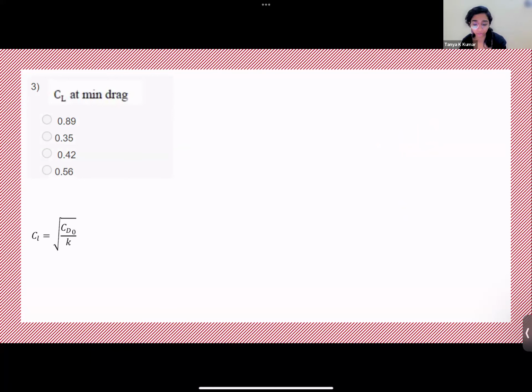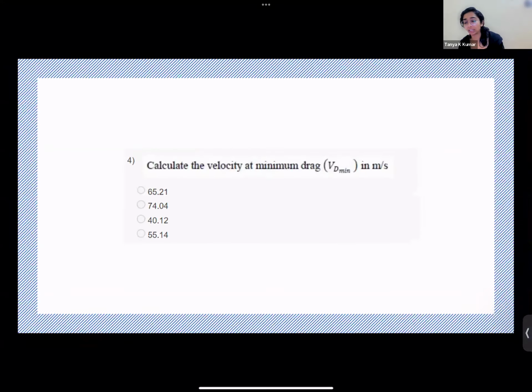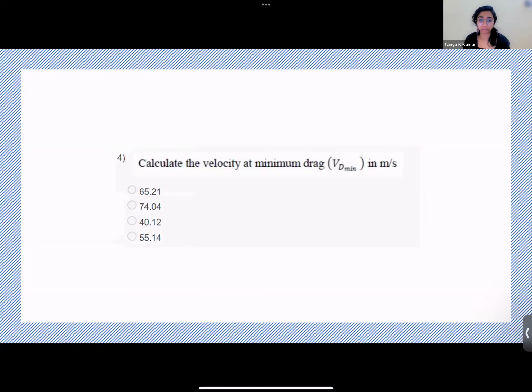So this is the equation that we used. Then calculate velocity at minimum drag. Again, fairly simple, so direct substitution. What was the equation for velocity? Just the general equation for velocity.